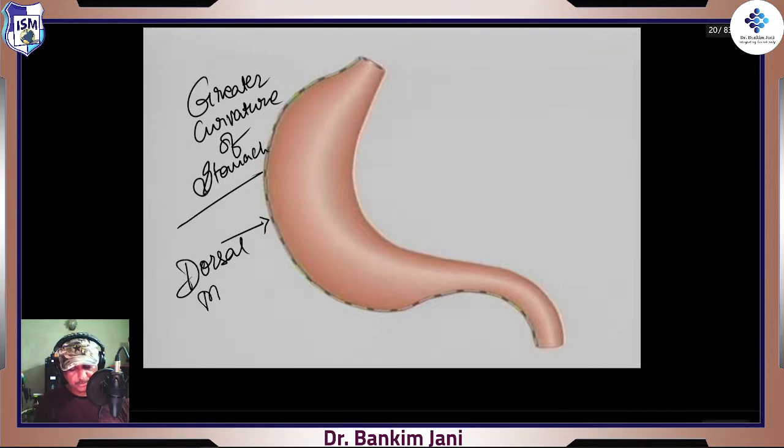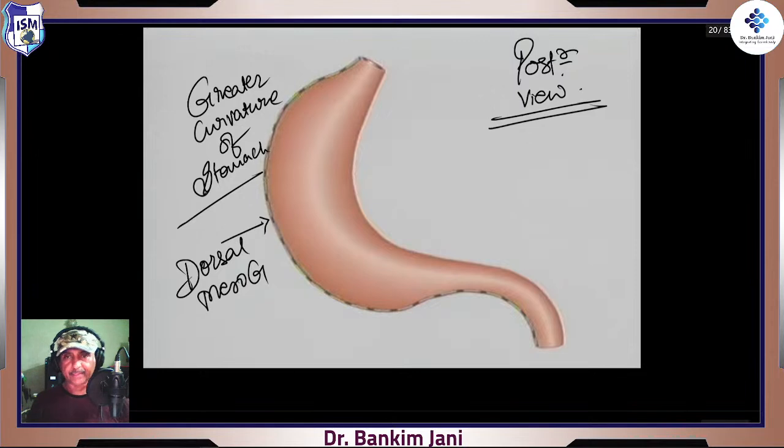The main reason is the dorsal mesogastrium, because this is the posterior view, we are watching from the back. Done. And we'll never forget this D1, right? So it is the stomach plus D1. They are from the foregut. Fine.